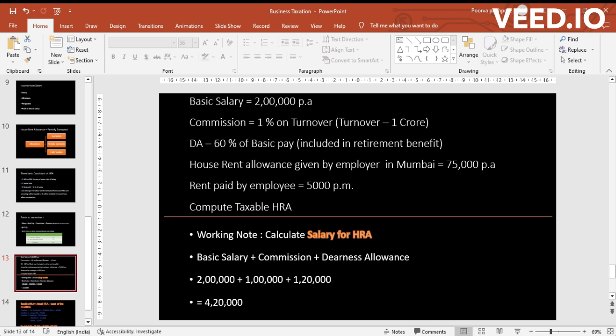So salary means BCD: basic salary, 2 lakhs as given. Commission, 1% of 1 crore, comes to 1 lakh. And DA, 60% of basic pay, means 60% of 2 lakhs, which comes to 1 lakh 20,000. So the summation of BCD comes to 4 lakh 20,000.